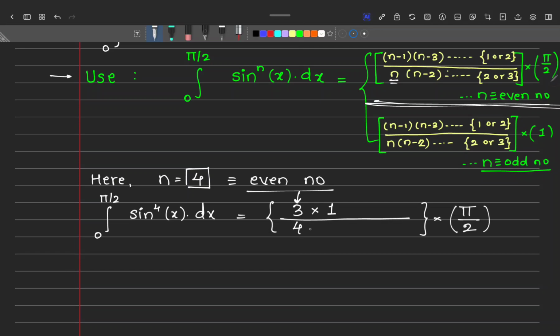In the denominator we take 4. If it is an even number, we take the product of all even numbers from 2 to 4. Okay, so this will be your required answer. After simplification, we get 3 pi by 16. This is the answer.